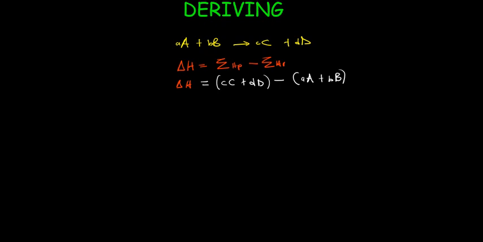Before differentiating, I'll write this as: enthalpy change is equal to c plus d, then minus a plus b.